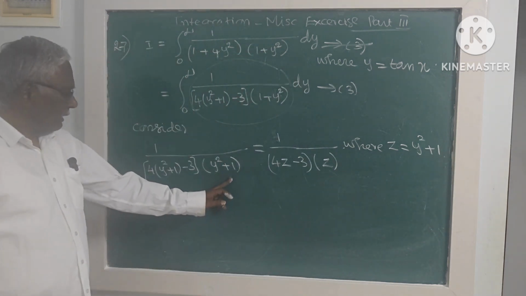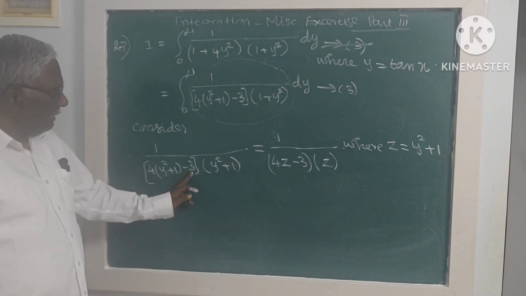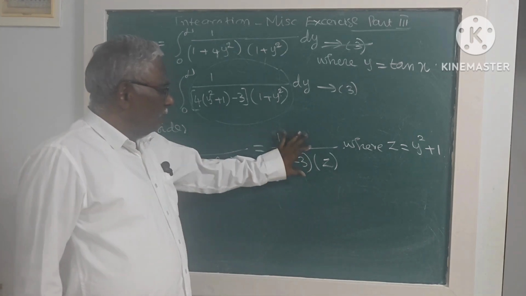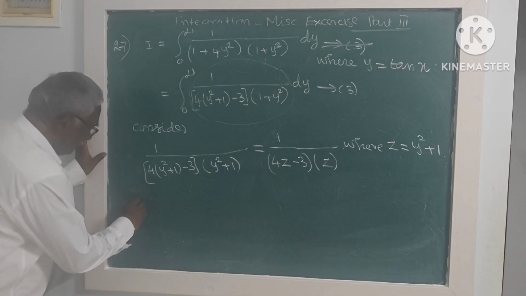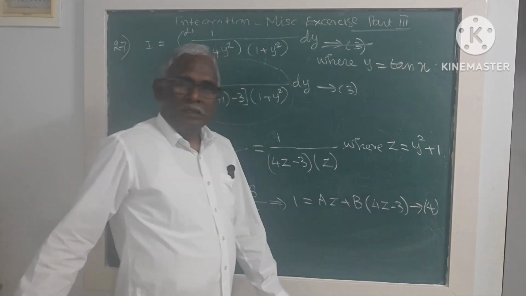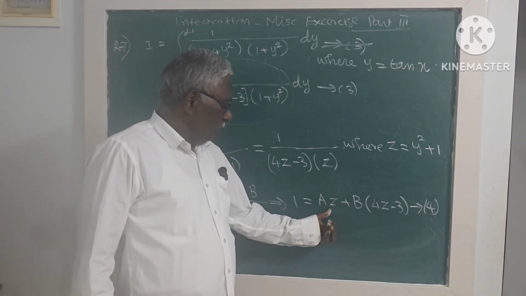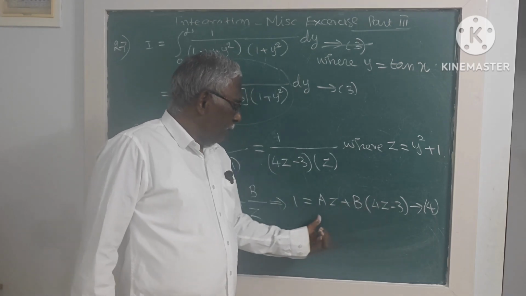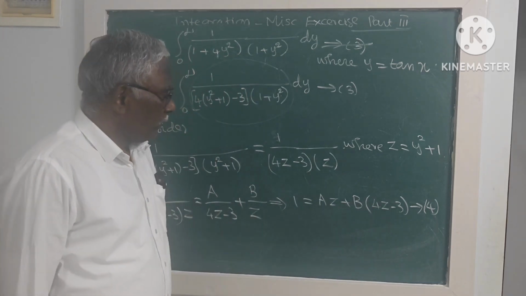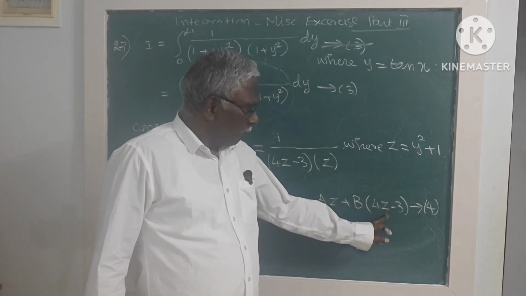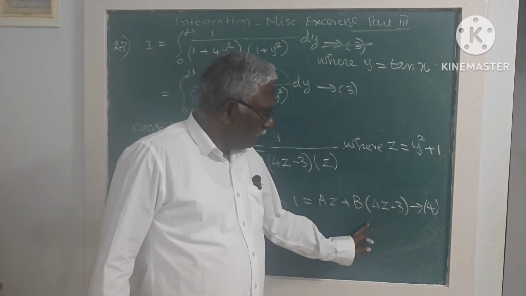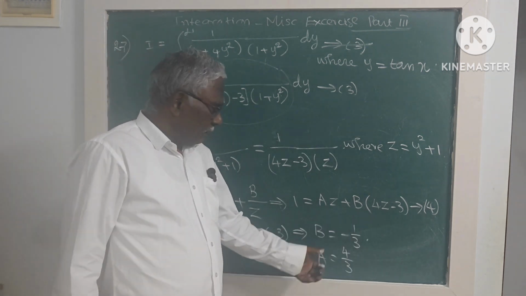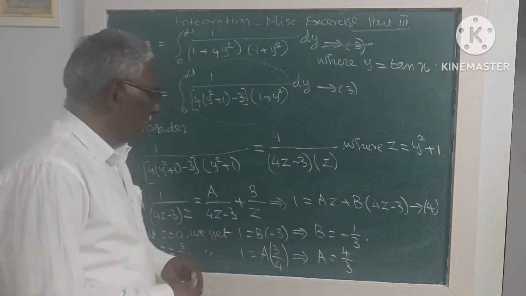Let us put z is 0. So this term vanishes. Minus 3b is 1, we will get the value of b. Put z is 3 by 4. So this vanishes, we will get the value for a. A is 4 by 3 and b is minus 1 by 3.